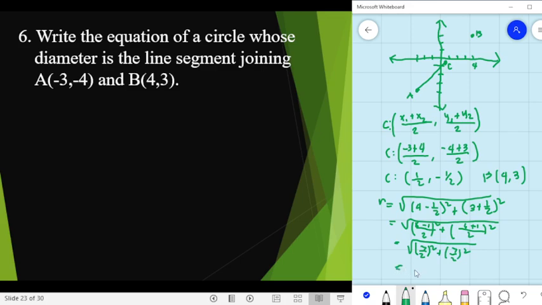And this would be equal to the square root of 49 over 4 plus 49 over 4, which is equivalent to the square root of 98 over 4.